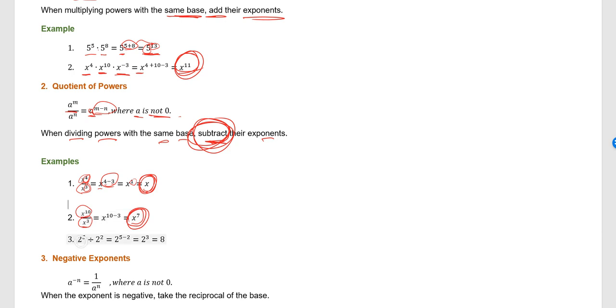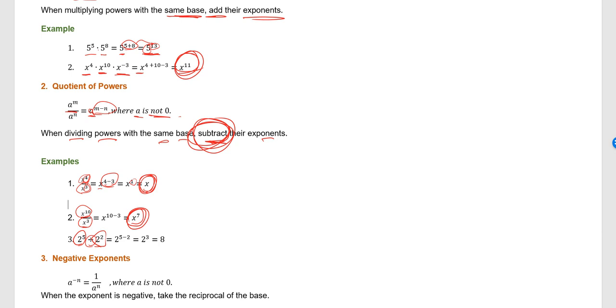Here's another example. 2 to the 5th power divided by 2 to the 2nd power. So you can see that in examples 1 and 2 we were writing the division as fractions, but the same thing applies if we just write the division sign, as opposed to writing these as a fraction.